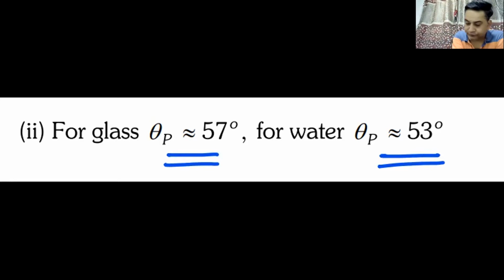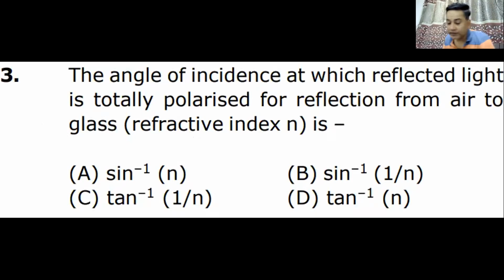Yes, sir. Well, then comes the next question, and tell me the answer to this one. The angle of incidence at which reflected light is totally polarized, for reflection from air to water. The refractive index of water is N. What is the correct answer? A, B, C, D. Which one is the correct answer?